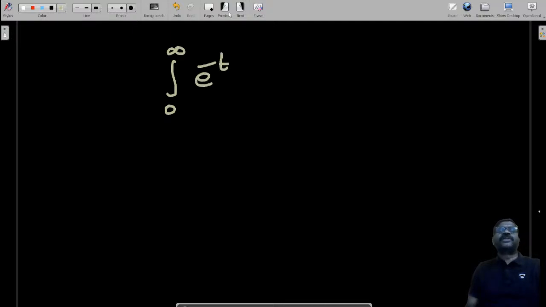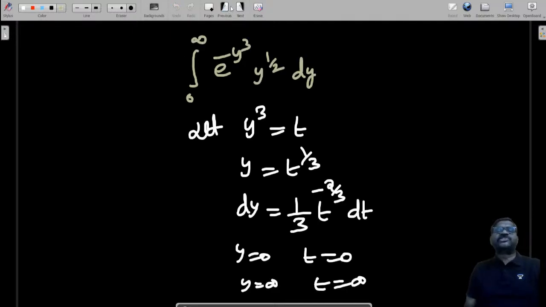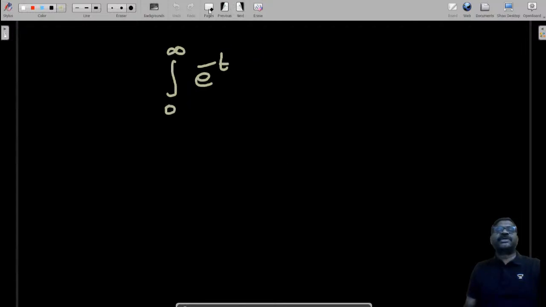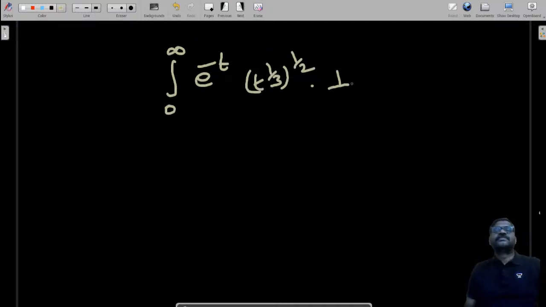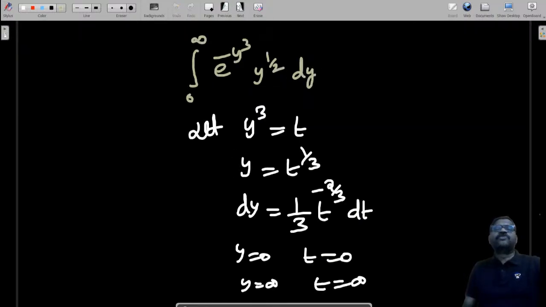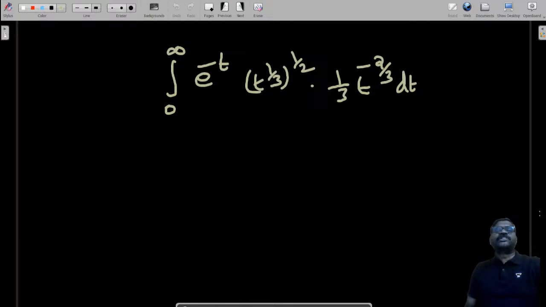Integral 0 to infinity, e power minus t, y is t power 1 by 3, whole power 1 by 2, dy is nothing but 1 by 3 into t power minus 2 by 3 dt.